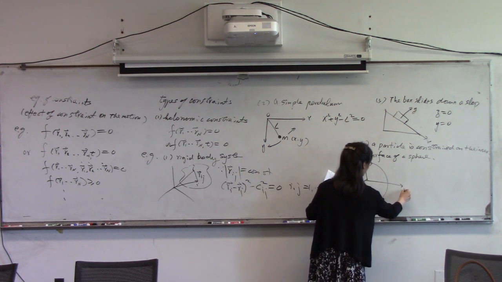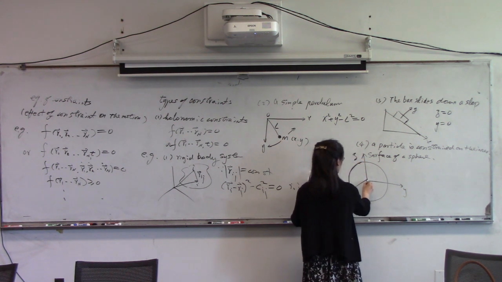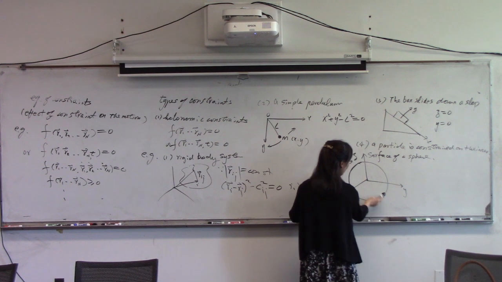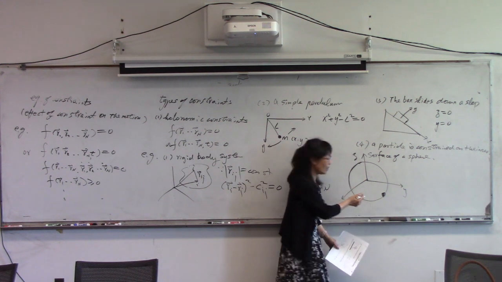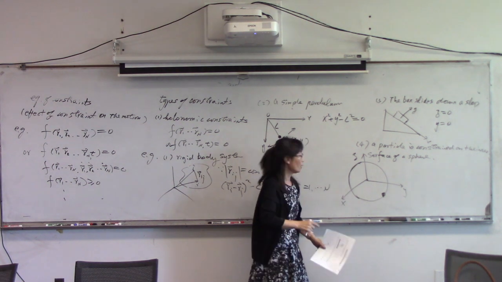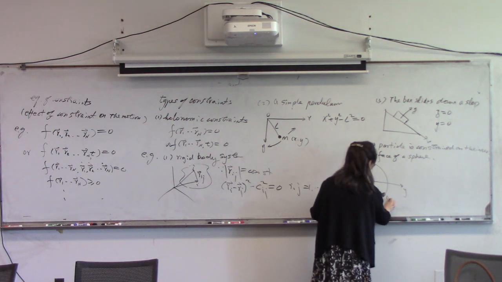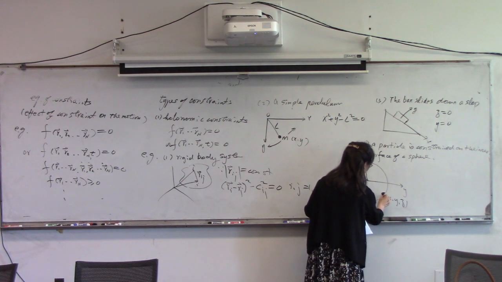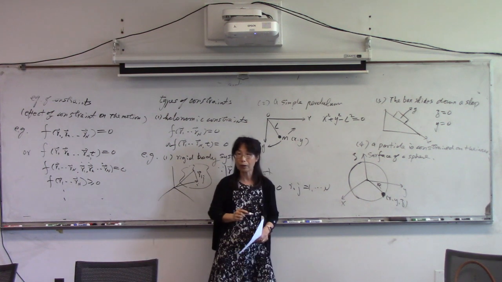The particle is here, on the inner surface, right? It cannot go out of the surface, so it always moves on the surface, whatever it does. So in this case, each time we have x, y, z coordinates, and these always satisfy x squared plus y squared plus z squared equals r squared.